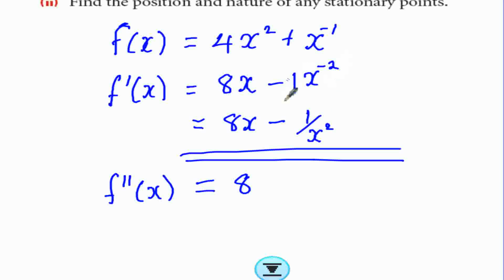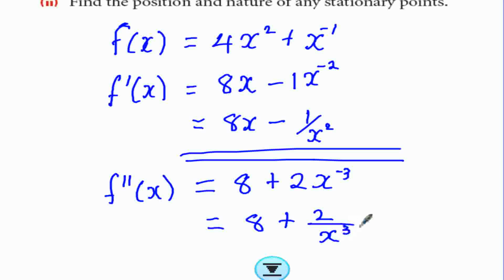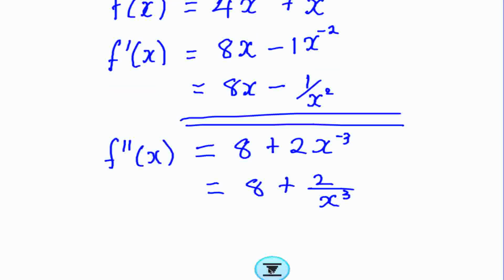And when we bring this in front, it will be plus 2x power negative 3, which is equal to 8 plus 2 over x power 3. So that is it for the second derivative.